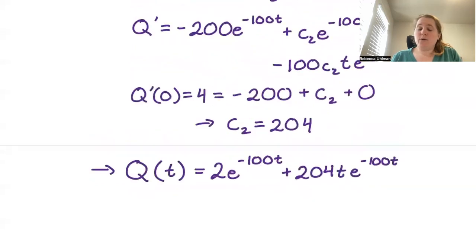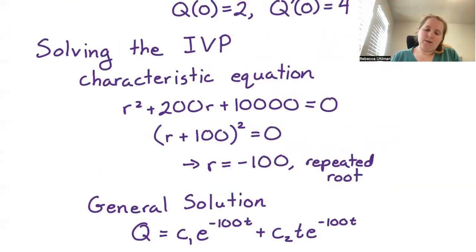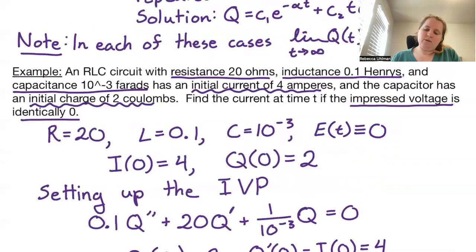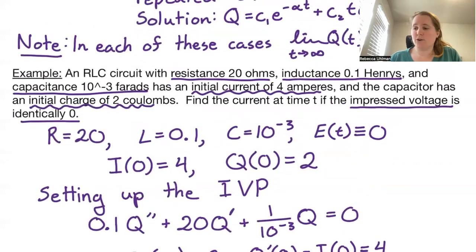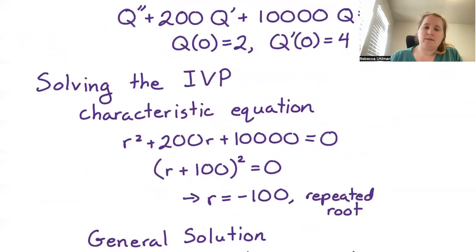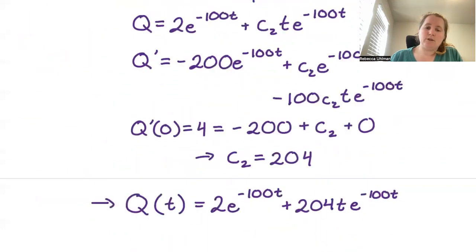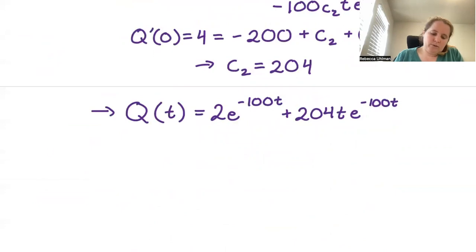Now, our actual problem, the initial problem, I apologize for the scrolling. The initial problem asked us to find the current. So we are now going to use the fact that the current is just the derivative of the charge. So now we will go ahead and find the current.